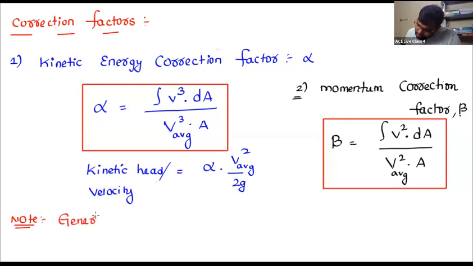Generally, alpha is greater than beta, which is greater than 1. Alpha and beta are both greater than 1, and alpha is going to be more than beta. Keep that in your mind.